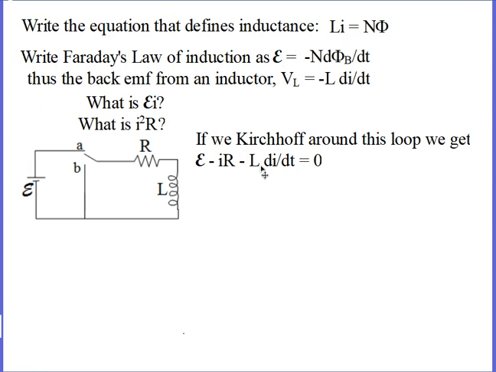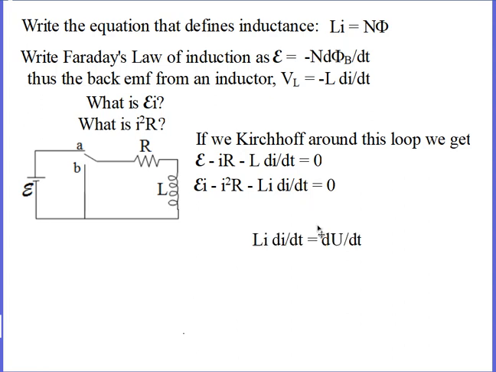And now we're going to do the magic. I'm going to multiply through this equation by current. And I get this, and we recognize, since you got those right, that this is the power in the seat of EMF, and here is the power being dissipated in the resistor, and so it follows that this must be the power being dissipated in the inductor.